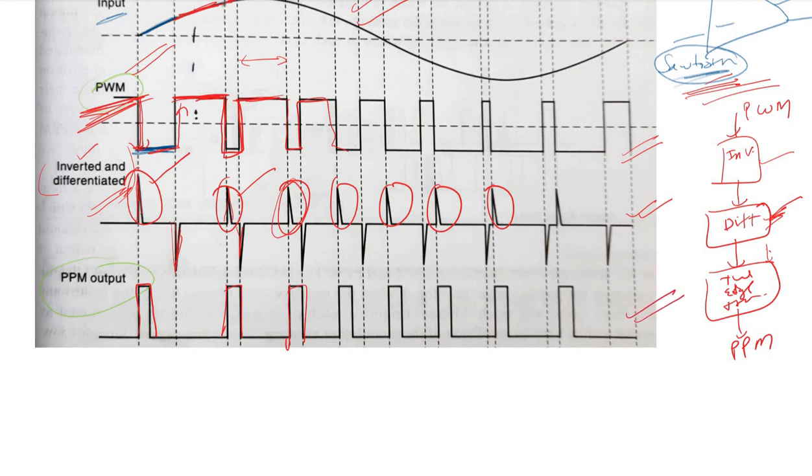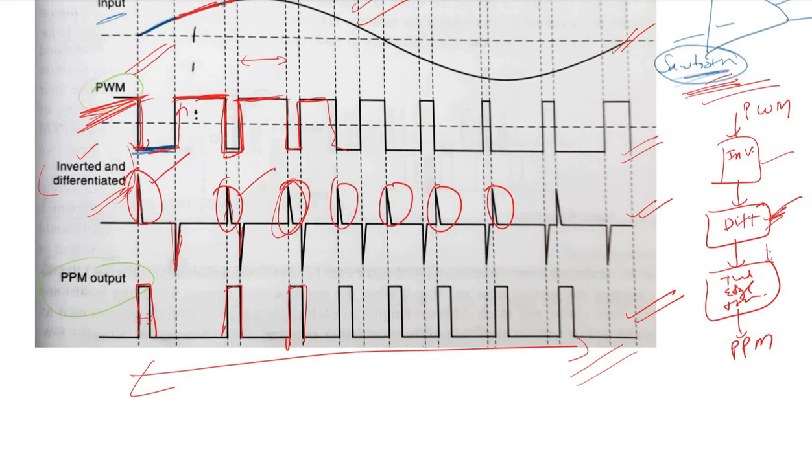So this is pulse position modulation. You can clearly see the position of pulses is varying in accordance to the message signal. The pulse width is fixed, the pulse amplitude is fixed, only the position of the pulse changes, right?